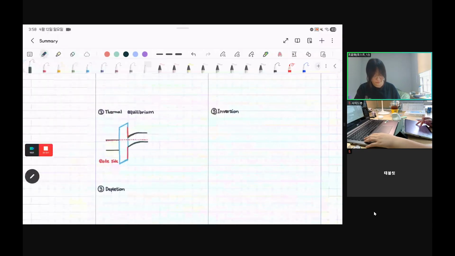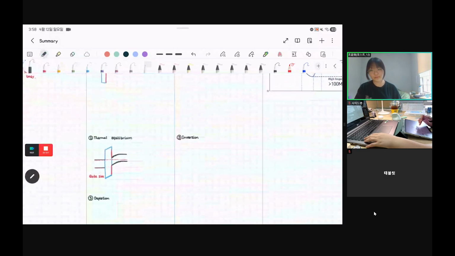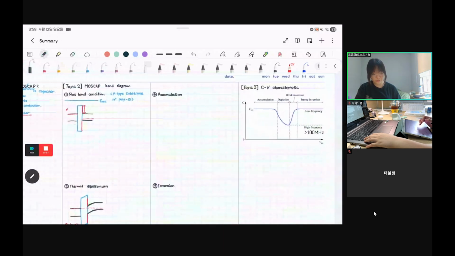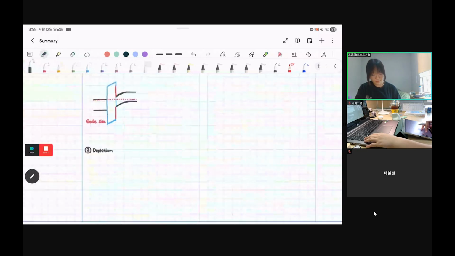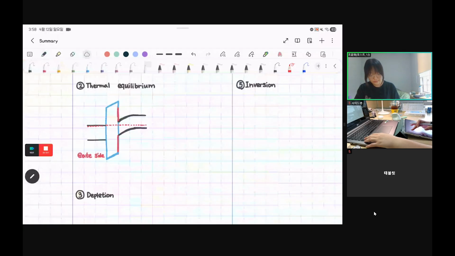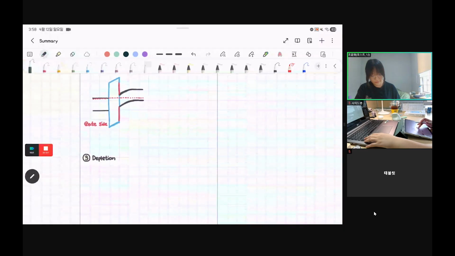And we will see the three states when we give a bias to this device. The first is depletion, second is accumulation, third is inversion. So let's see depletion first. The depletion is similar to the thermal equilibrium state, but it doesn't have to keep the Fermi level constant.